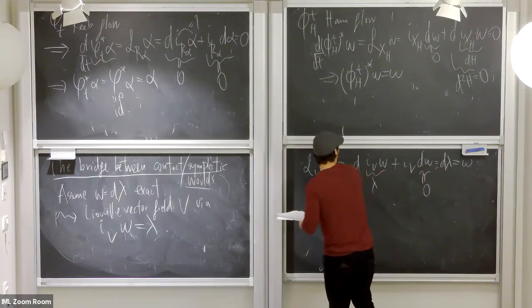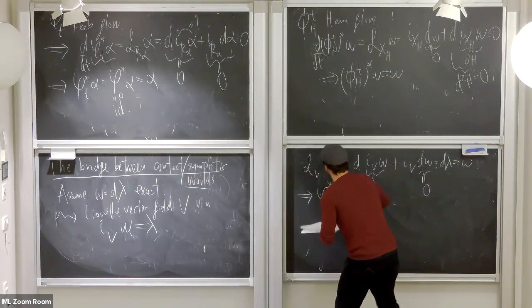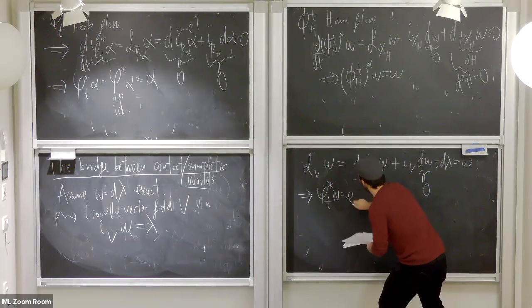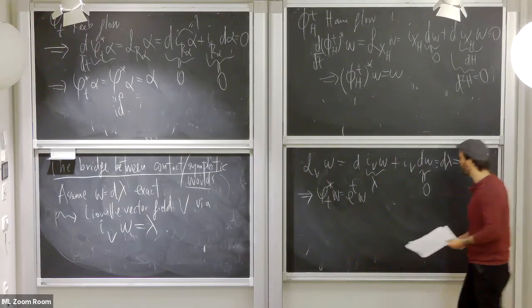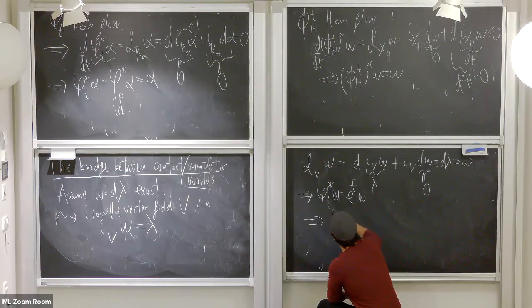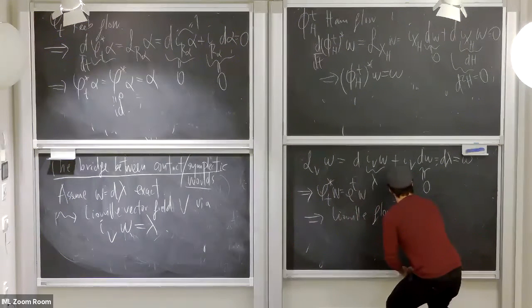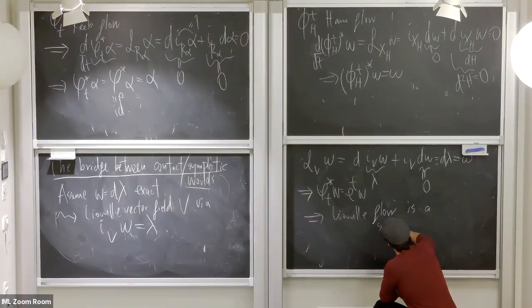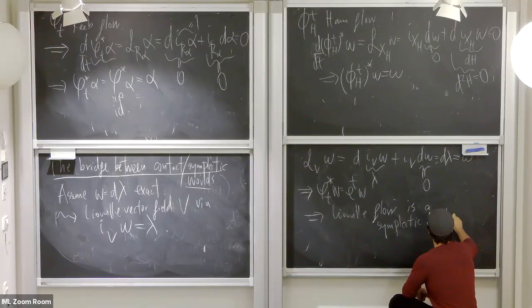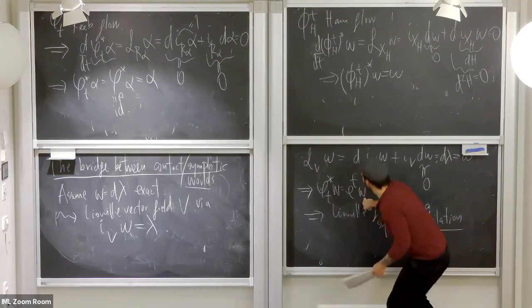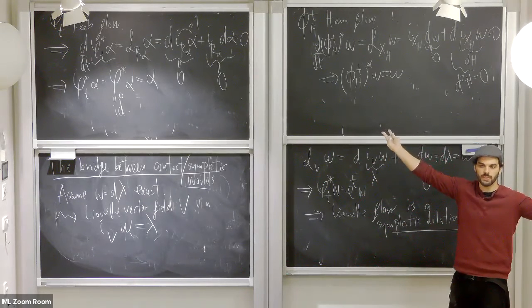So if the derivative of omega is omega, then when I look at the flow of V and pull back omega, I just get the exponential times omega. And this is what solves the equation. So in other words, the Liouville flow is a symplectic dilation. It doesn't really preserve omega, but it preserves it up to an exponential factor. So when you flow, the volume is getting bigger and bigger exponentially.